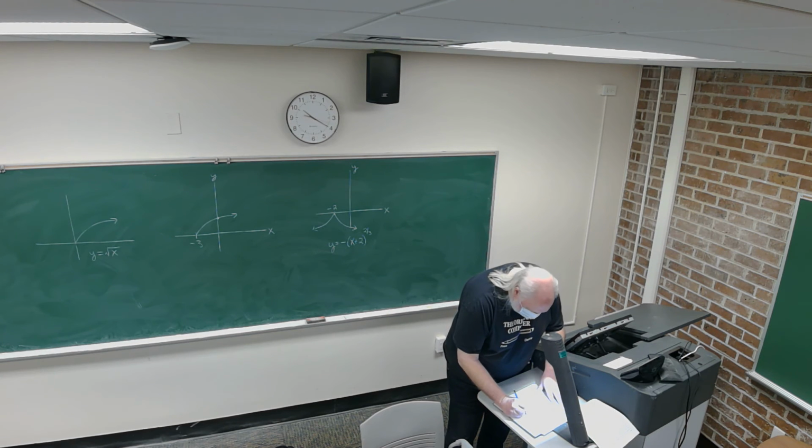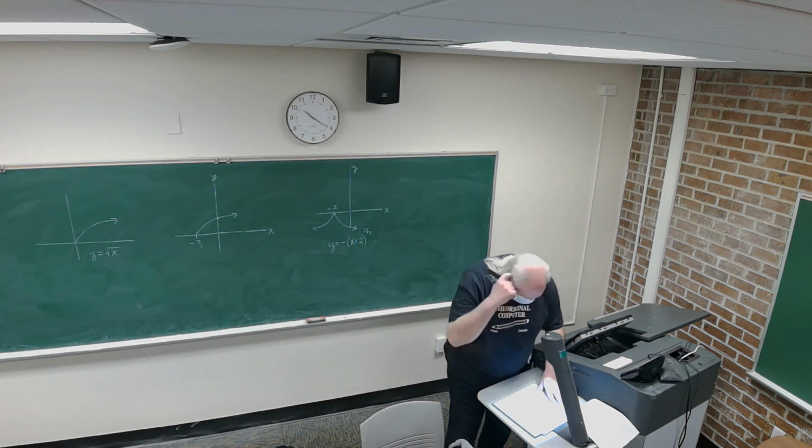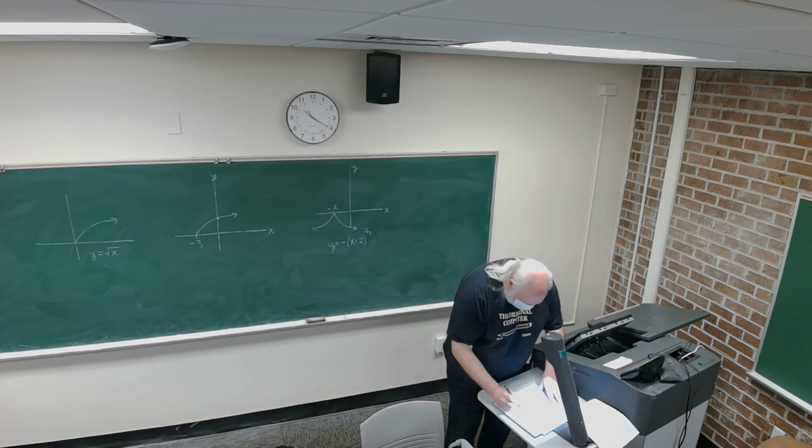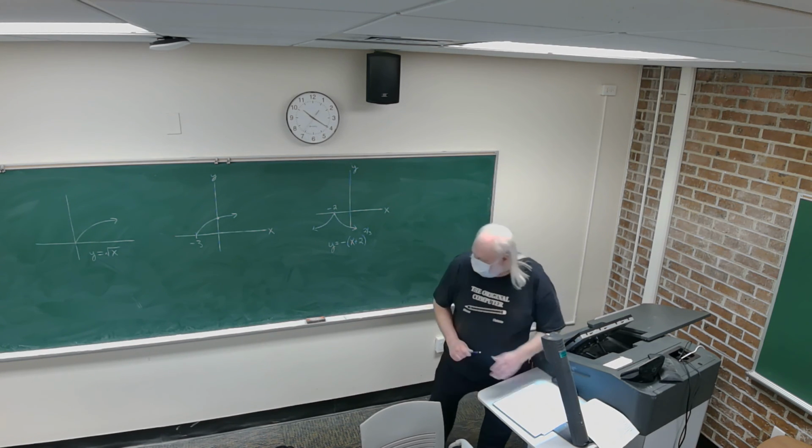And so now that shifts the graph up 2 units. Okay. So first I shift this graph to the left 1 unit, and then I flip it over the y-axis, and then I shift it up 2 units. Okay.